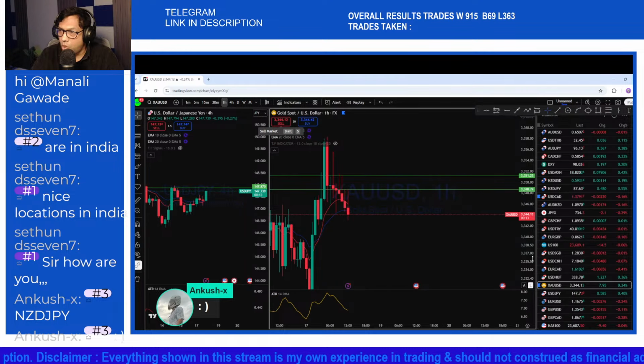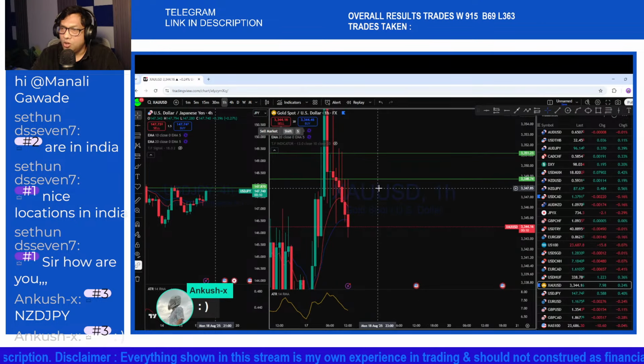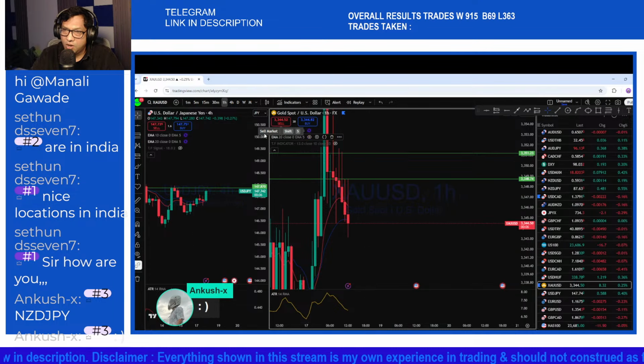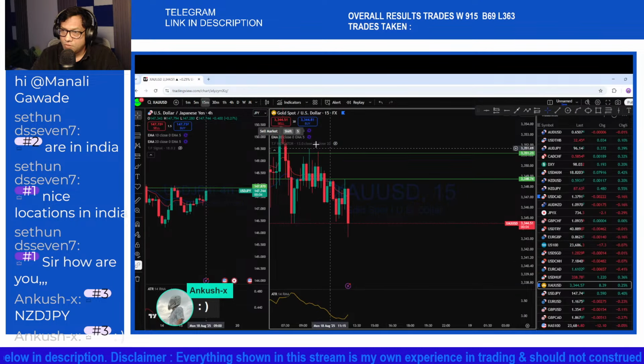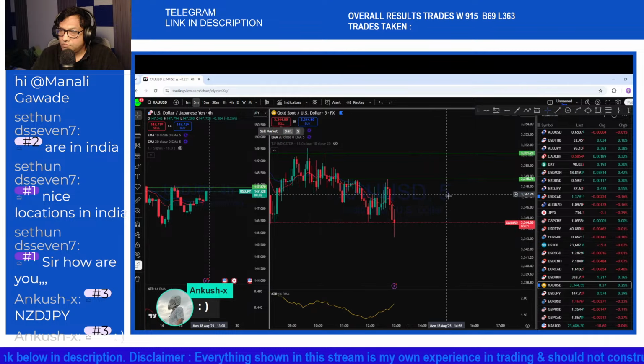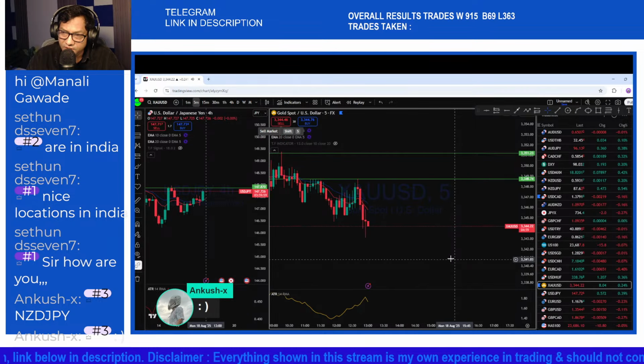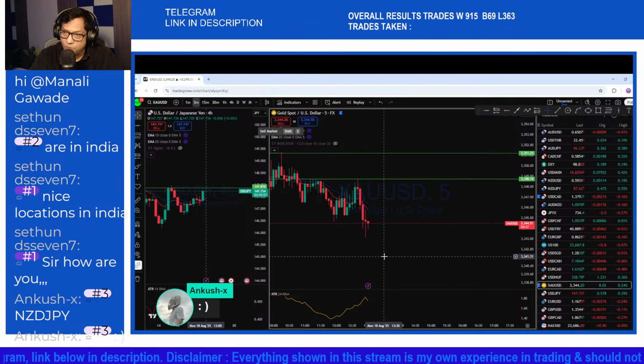That being said, from the 1 hour, we see the candle close coming with a long bearish engulfer. And this is the 5 minute time frame, a single move back below.